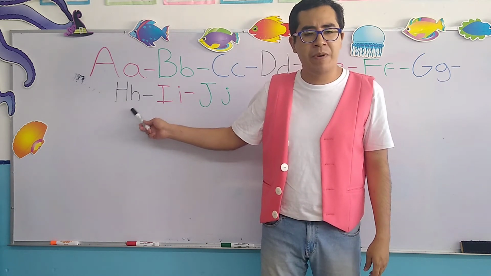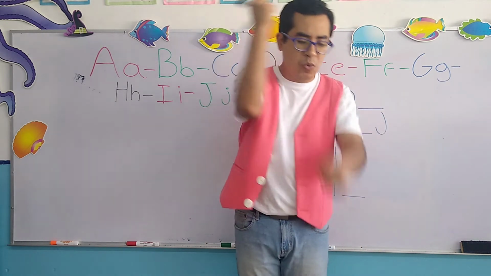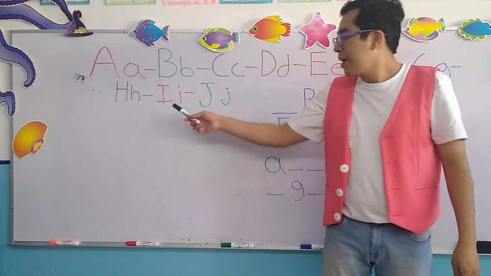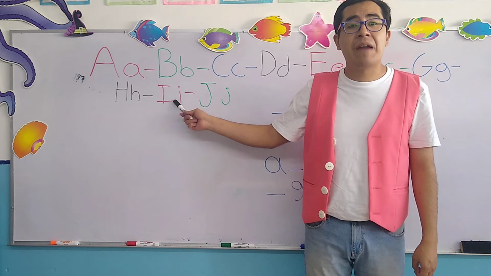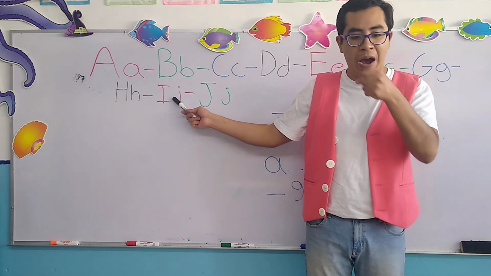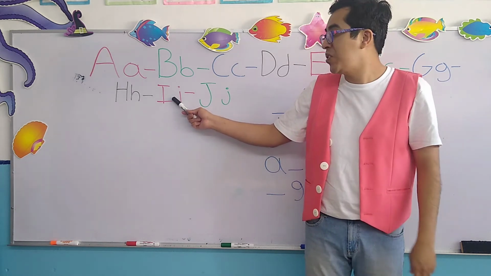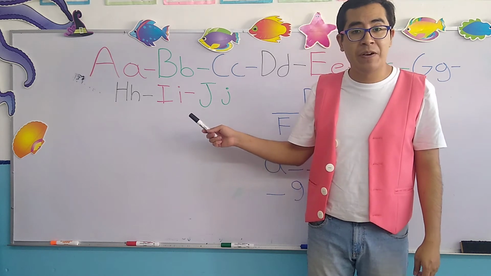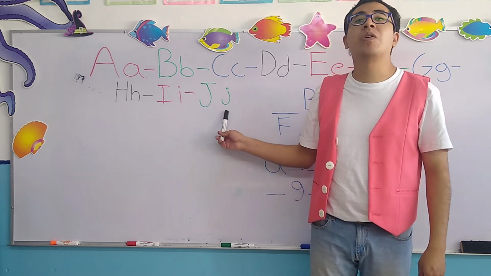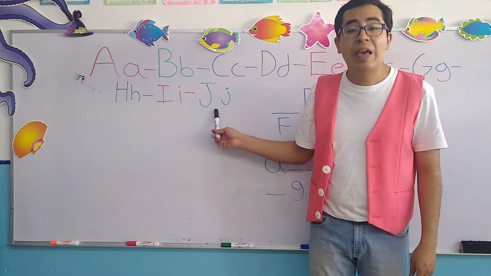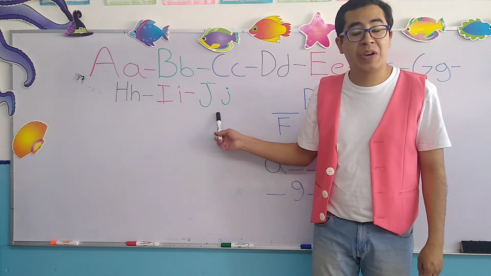Do you remember the hammer? The object that we use to hit on the walls. Capital I, small i, for Indian, for insects, or ice cream, that delicious ice cream. And the final letter of the review, capital J, small j, for jeans and jacket, okay?